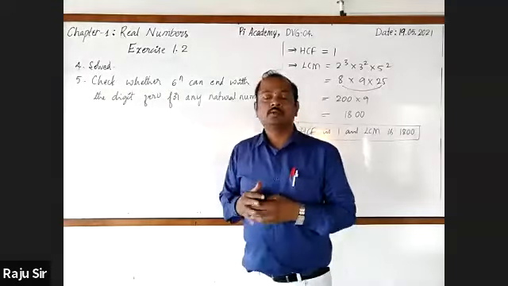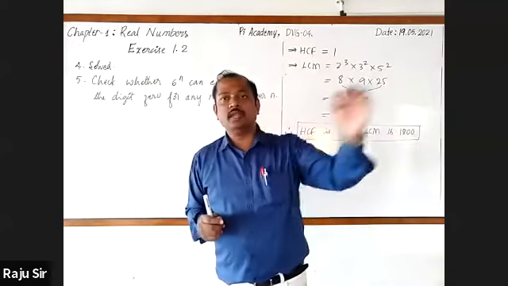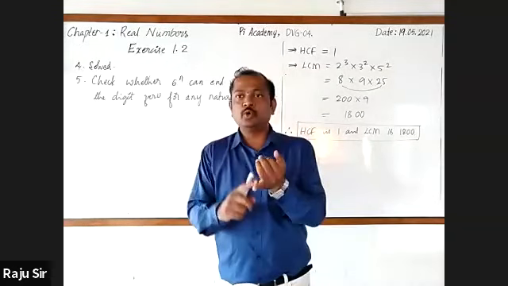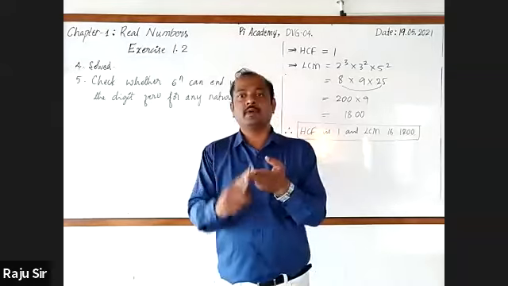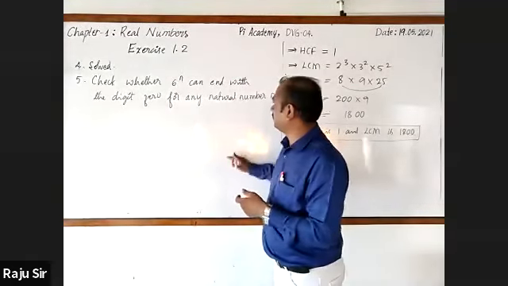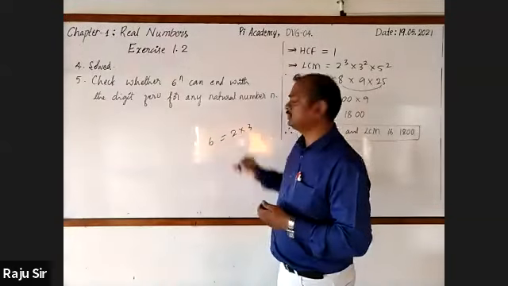Could you give the reason? Because in the prime factorization of 6, the factor 5 will not occur. Very good. Dear students, we know that if any number has to end with 0, it must have the prime factors 2 and 5. Both should be there. As it is a simple number, we can discuss this directly: 6 can be written as 2 into 3.